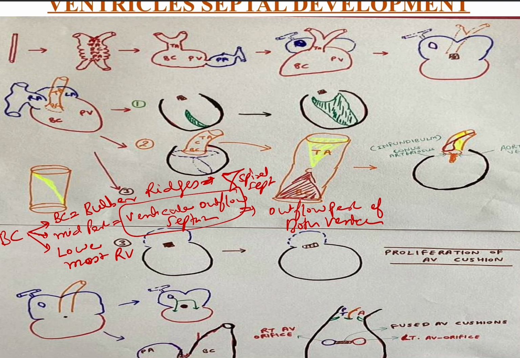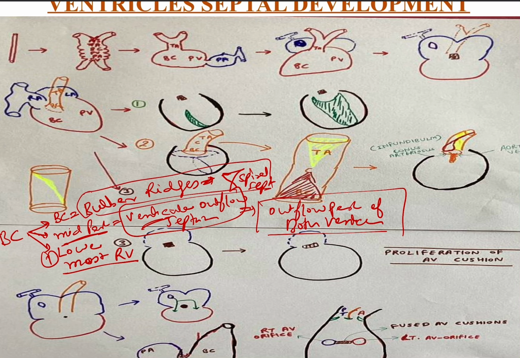Okay, lowermost part forms the right ventricle, mid part forms outflow tract or ventricular septum, and the uppermost part forms the spiral septum.